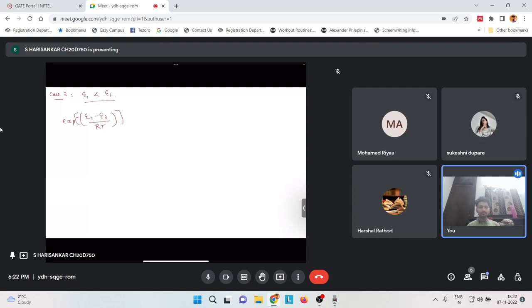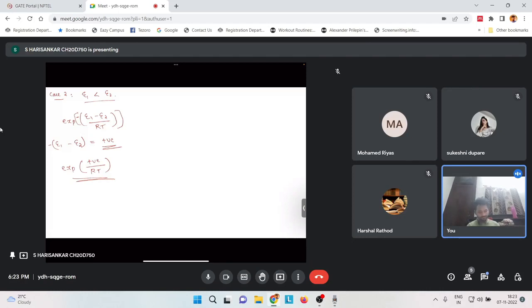Since E1 is less than E2, E1 minus E2 will be negative, or minus of E1 minus E2 will be positive. So this whole exponential term is basically a positive term by RT. Okay, so now it is the reverse of the previous case.